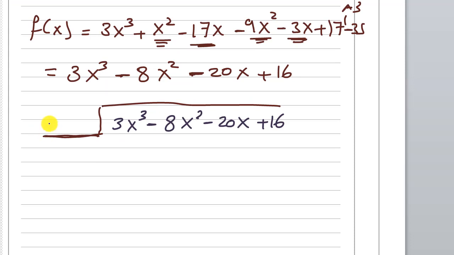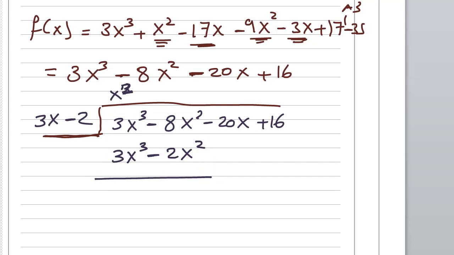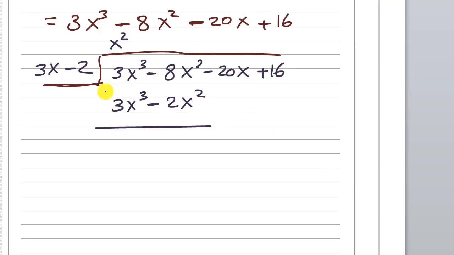3x minus 2 is a factor, 3x minus 2. This part x power 3, so it will be x power 2, sorry. So it will be 3x power 3 minus 2x squared. So minus plus minus 6x squared.